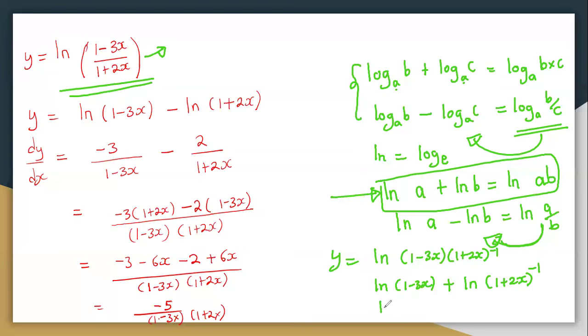Then when you go back again, you'll have ln of (1 minus 3x). Now this negative, for you to be able to differentiate this one easily, without using the chain rule, you drop the negative. The negative comes here, and then you remain with 1 plus 2x, which then brings you back here. Oh, teacher, thank you. All right. Okay.